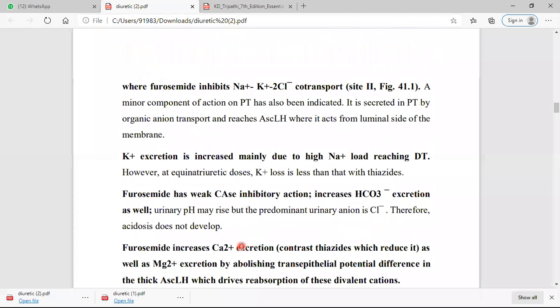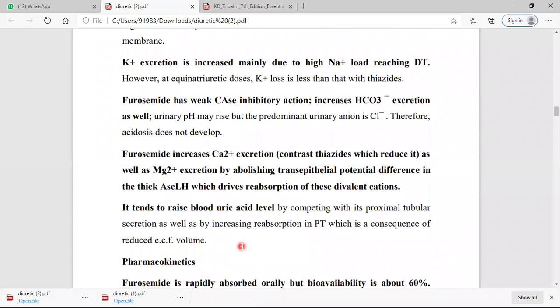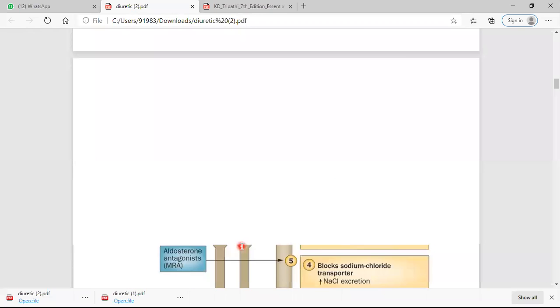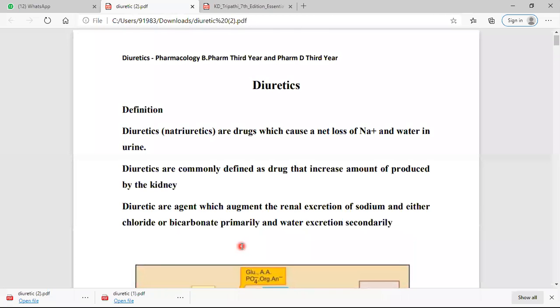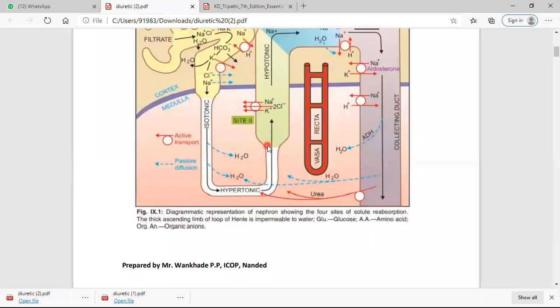Okay, so this is the mechanism of furosemide. You can draw this diagram, and you can simply say that it inhibits this transporter system, by drawing this diagram, at site 2 in the mechanism of furosemide.